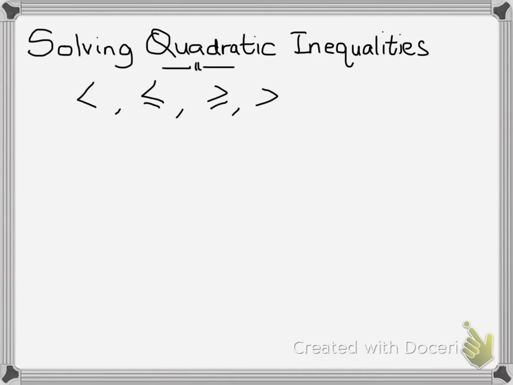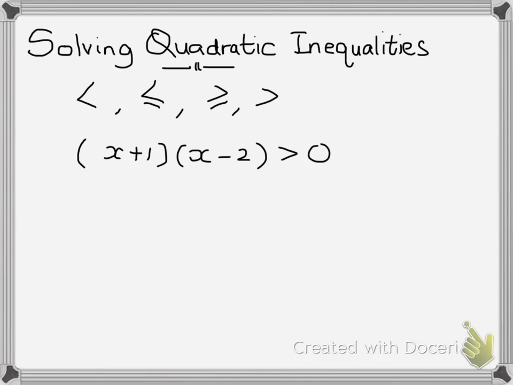Now, as it says it's quadratic, that means there must be something that's squared, right? So let's say you have x plus 1, x minus 2 is greater than 0. If you look at the left-hand side, x plus 1, x minus 2, this is in a quadratic form.